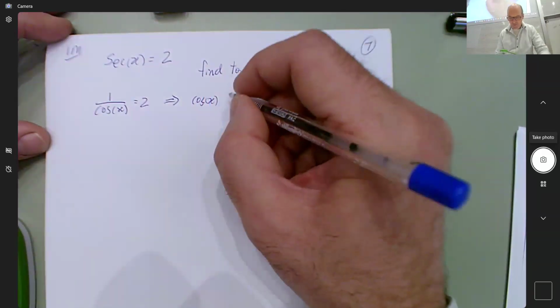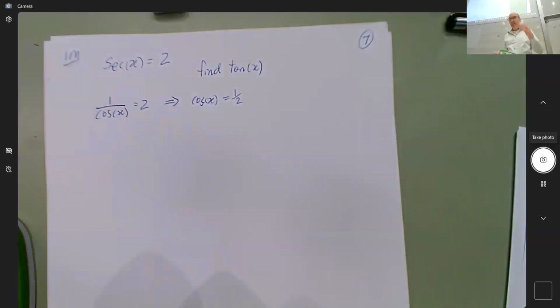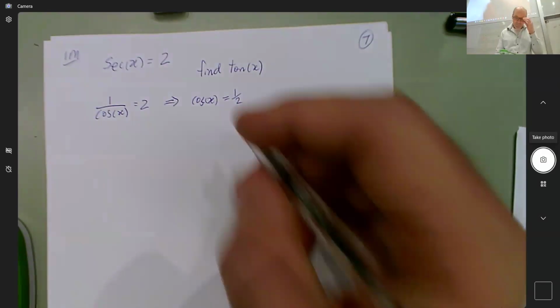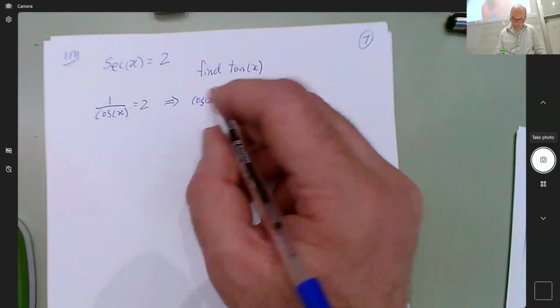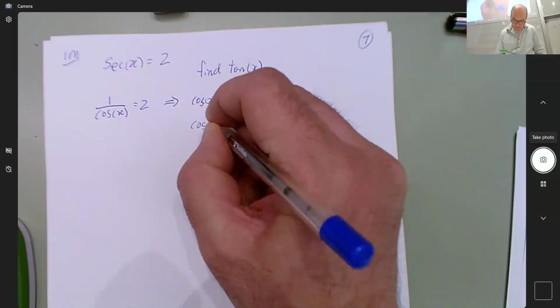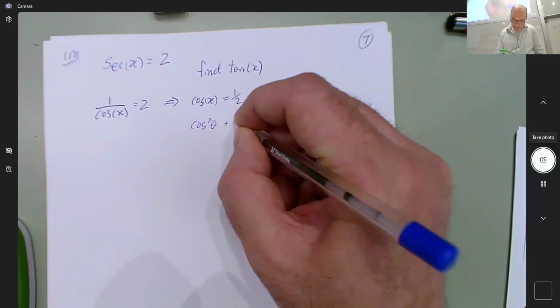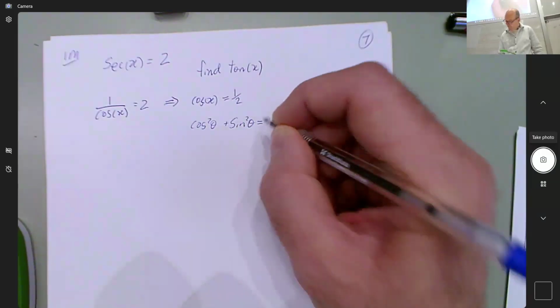I didn't want 2 because it's going to be a half. All right. So if I have cos of x is equal to half, then I'm going to go cos squared theta plus sine squared theta is equal to 1.